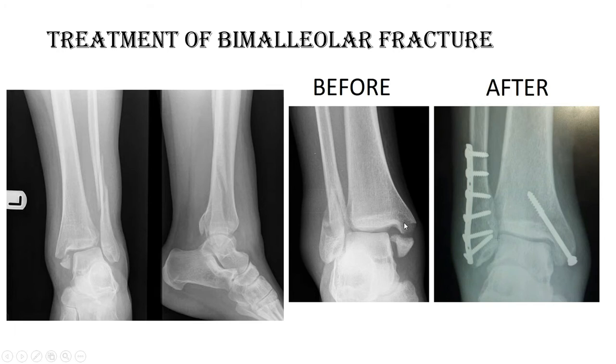Now for this bimalleolar fracture, the radiological assessment is enough for planning of any operation. Now, if there is only a lateral malleolus fracture, that can be managed by a walking iron plaster. But if associated with a bimalleolar fracture in an active patient, that needs operation.